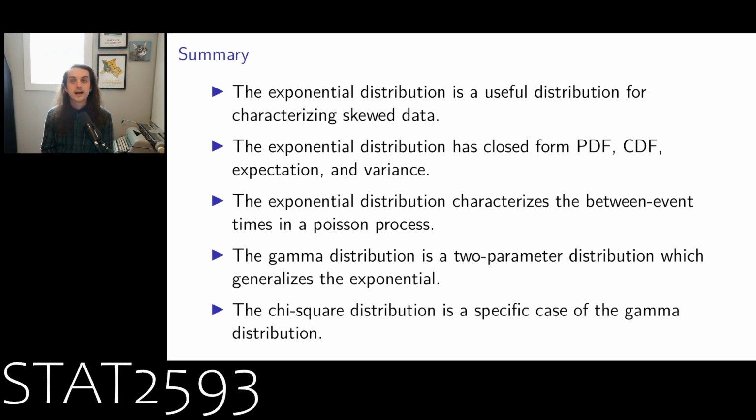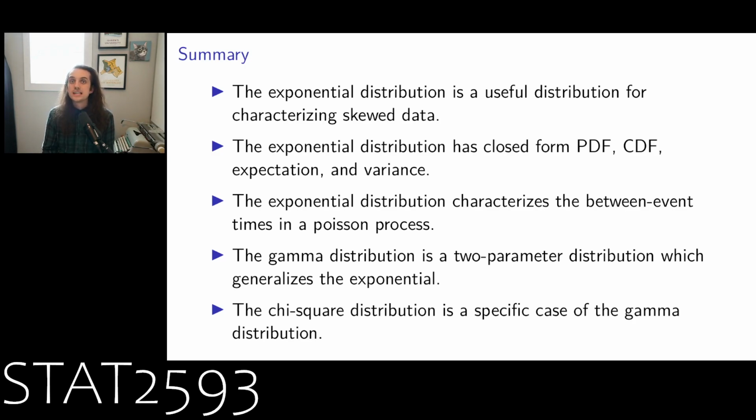Now, that was our exponential distribution and our gamma distribution. If we're wanting to represent skewed data, then we'll probably turn to a gamma family distribution, and specifically probably the exponential distribution. We can write down the PDF, CDF, mean and variance of the exponential distribution. And we also know that the exponential distribution has a memoryless property, and it characterizes the time between events in a Poisson process.